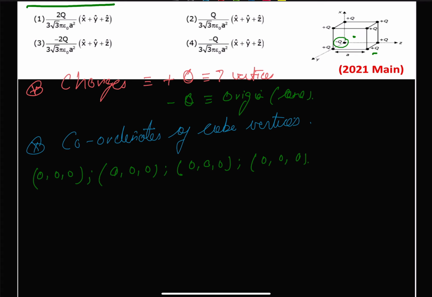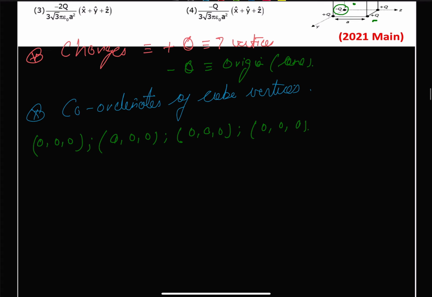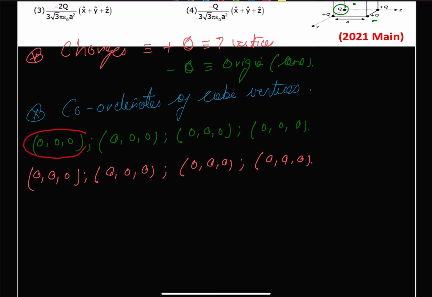Then we have a, a, 0, and a, 0, a, and 0, a, a, and a, a, a. So at the origin we have a charge of minus q, and everywhere else we have a charge of plus q.